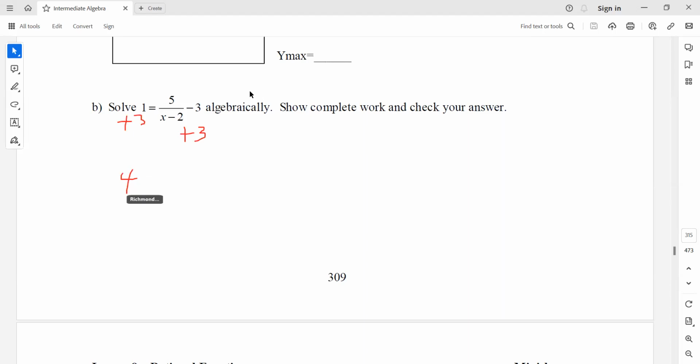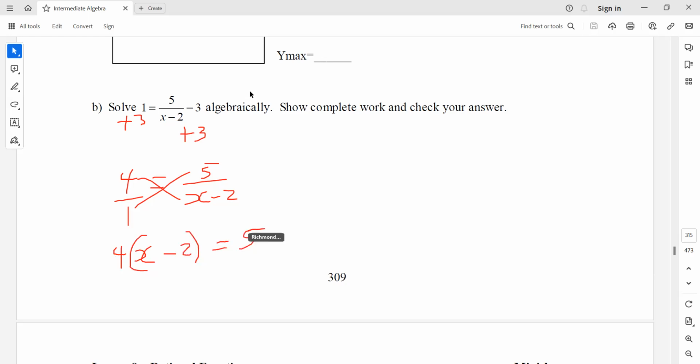So this is going to give me 4 equals 5 over x minus 2. Now I could cross multiply, so I have 4 times x minus 2 equals 5 times 1, which is 5. So I have 4x minus 8 equals 5.